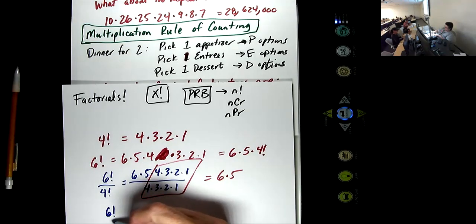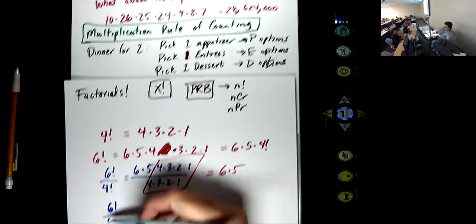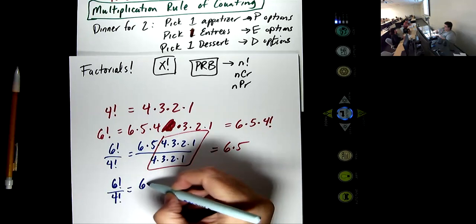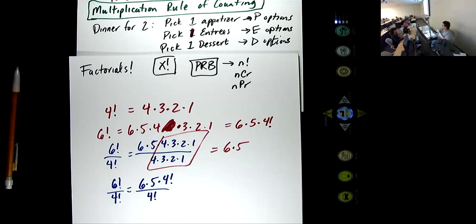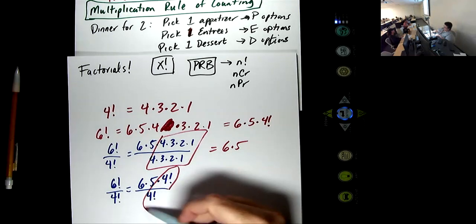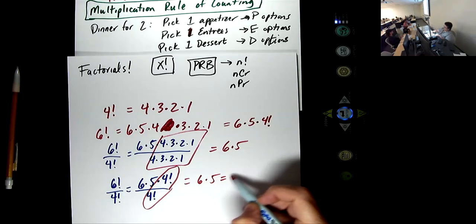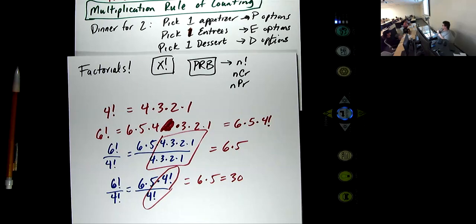Another way of looking at this without writing everything out is doing 6 times 5 times 4 factorial, and then just leaving the 4 factorial on the bottom. Counting down on the factorial until you get to the one that's on the other side. Because these two cancel out, we're still left with 6 times 5, which is 30. That's something we will take advantage of on Thursday. That's how factorials work. They're relatively simple. They get large really fast.